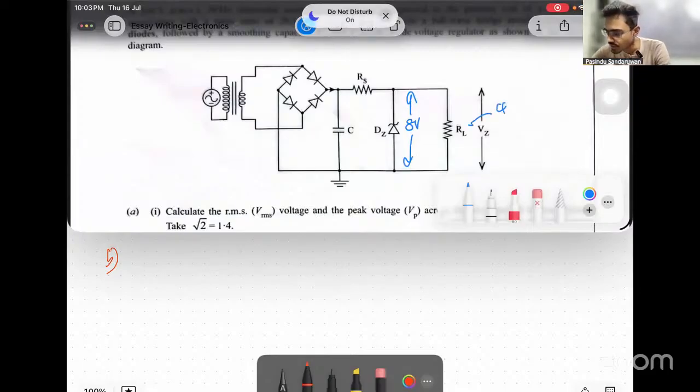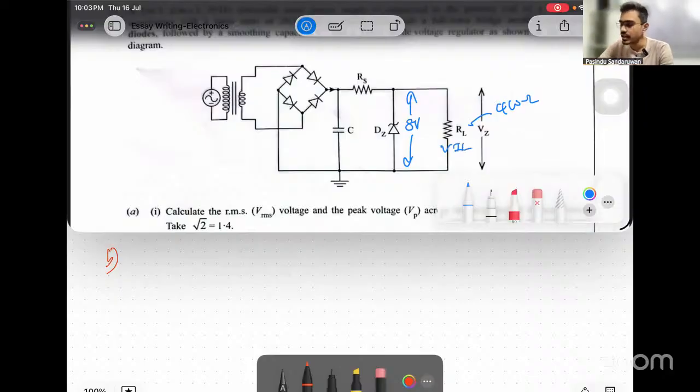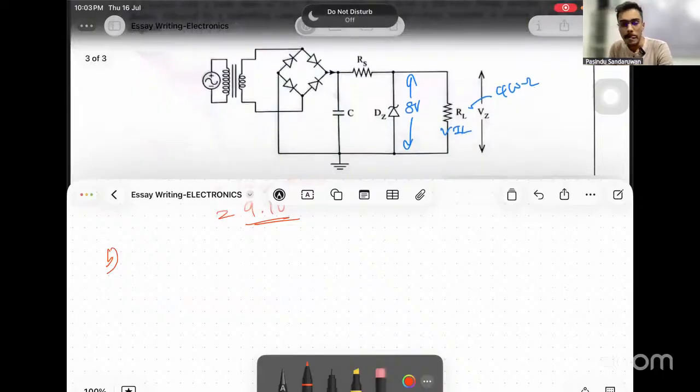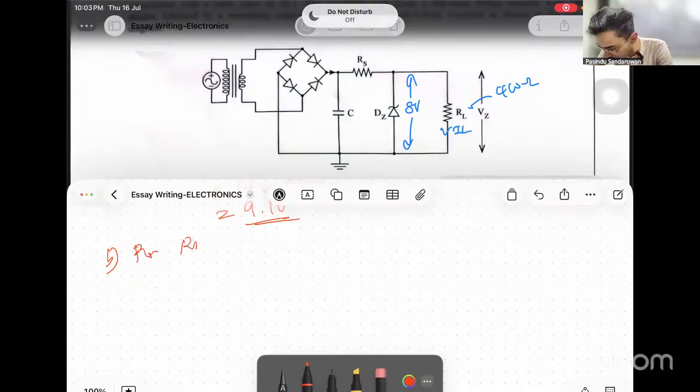This RL is now given as 400 ohms. Then IL is the current through RL. See how easy? To get IL, apply delta V equals IR for RL.